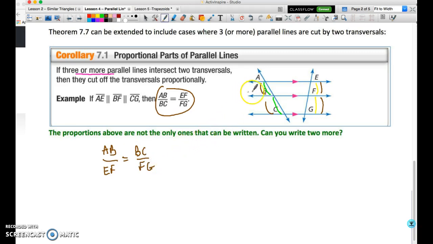We could also use the entire segment, so the ratio of segment AC to segment EG. The whole of the one part to the whole of the other part would be in the same ratio as any of the corresponding pieces, so that would equal AB to EF, for instance. And we have other possibilities as well.